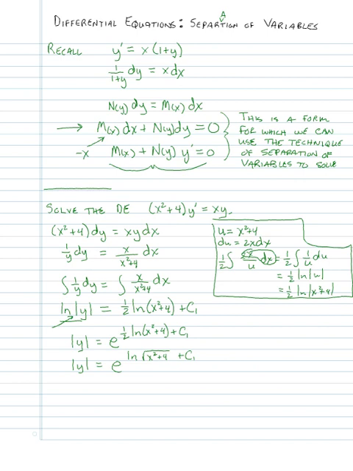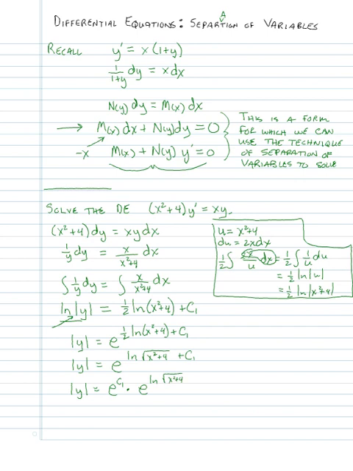Now, the fact that we have e to a power that's a sum, remember the way we can break that apart is we'll say e to the power c sub 1, I'm doing this in a little different order than what we see, times e to the power natural log of the square root of x squared plus 4.